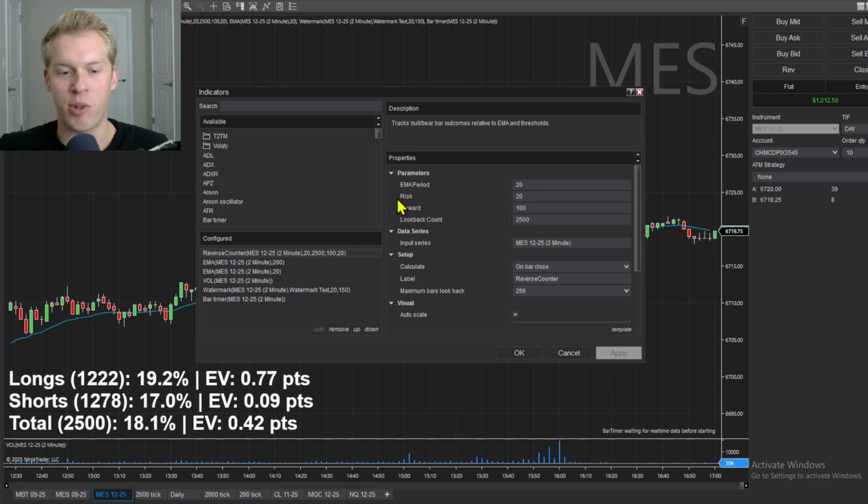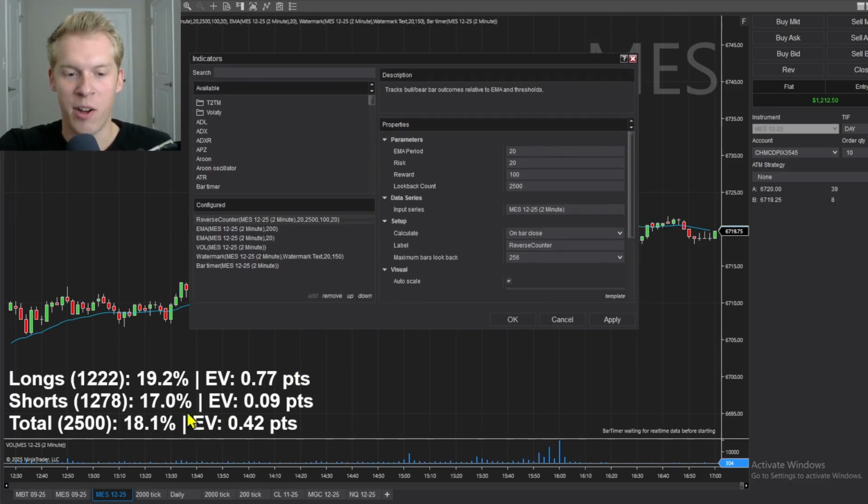What this indicator is doing is using the stop and the limit order that we set, and it's saying if you use this stop and limit order with the underlying strategy, how did it perform over that time period? And the EMA is also one of the variables, so you can change what moving average you want it to be based on.